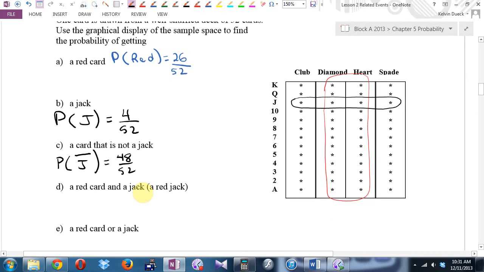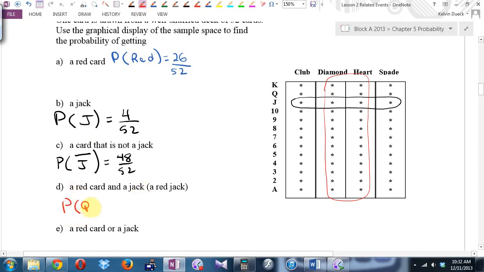Rachel, what's D asking me to find? A red card and a jack, a red jack. In other words, at the same time. See what we've circled? What's in both circles? How many? 2. Do you see it? There are 2 cards that exist in both circles.